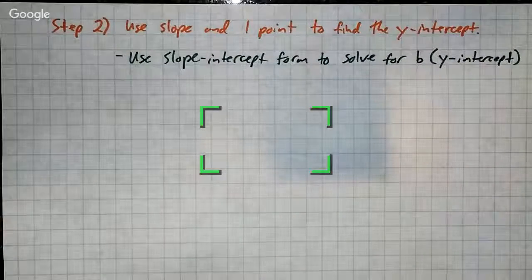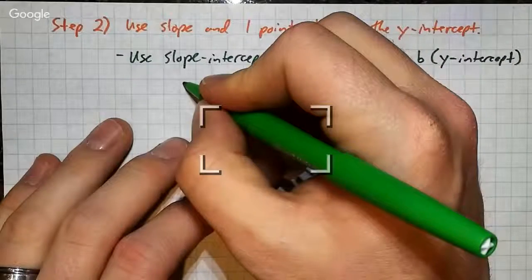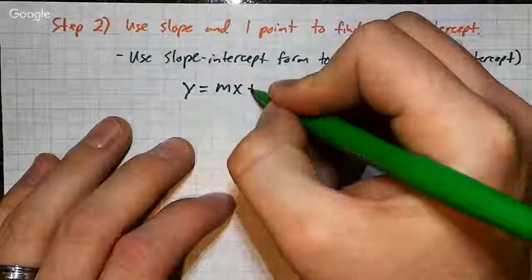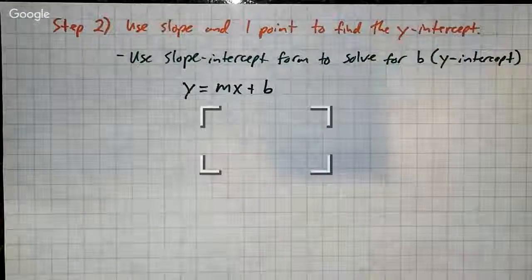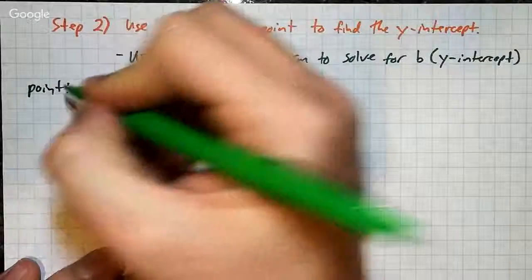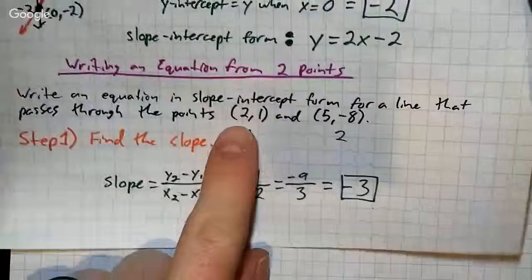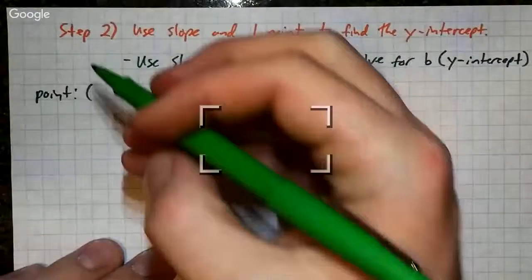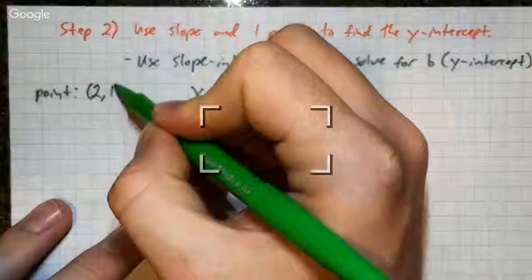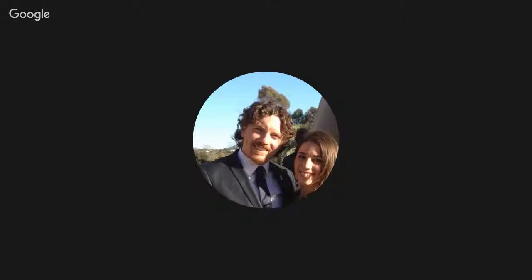Let's take a look at our slope-intercept form. y equals mx plus b. And what information do we have? Well, we have points. We just need 1, so I'm going to use the easier one. I'm going to use (2, 1). So we have a point, and we have the slope, which is -3.